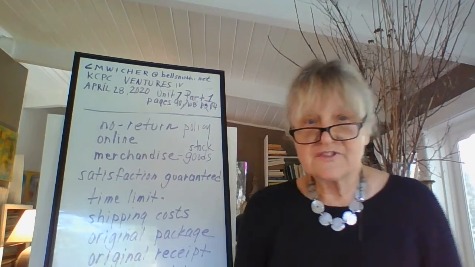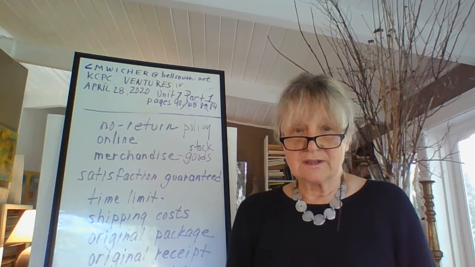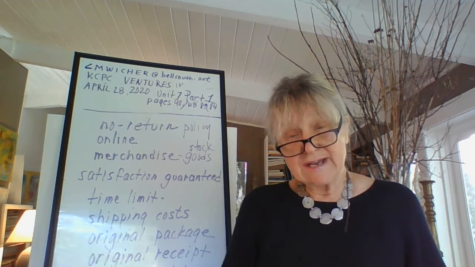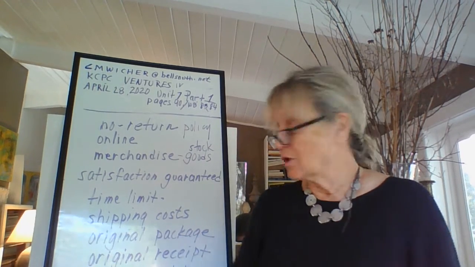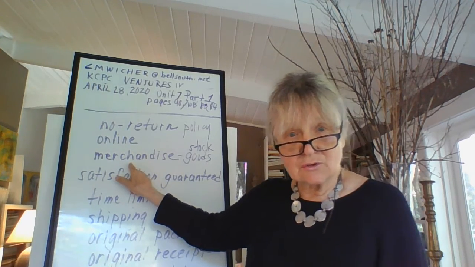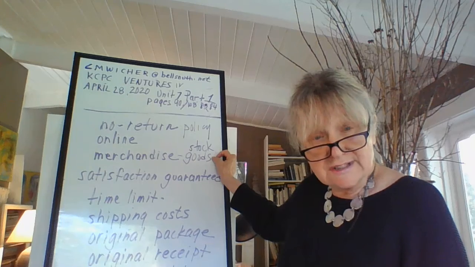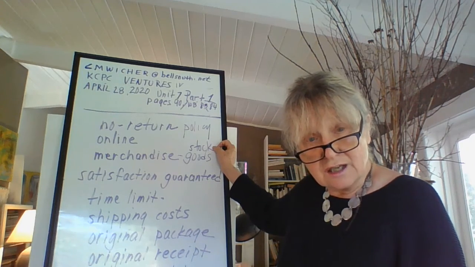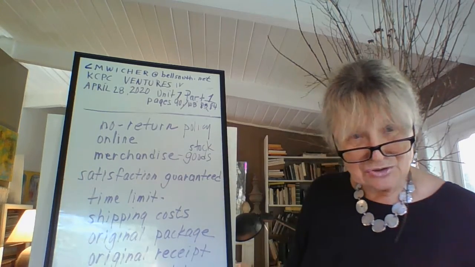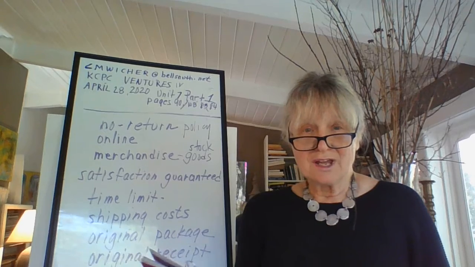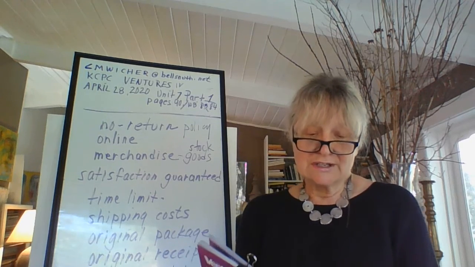Stock is all of the stuff that's on the shelves in the store or displayed somewhere in the store. All the merchandise that's on the shelves in the store. All the goods that are on the shelves in the store. All the stock that is on the shelves in the store. Okay. So synonym means something that's very similar.